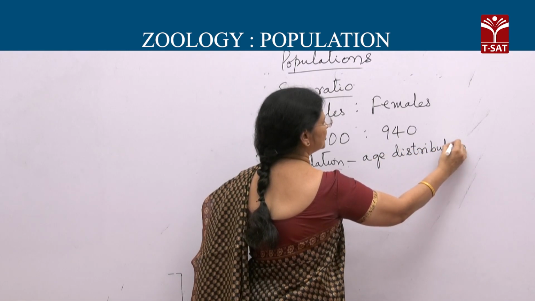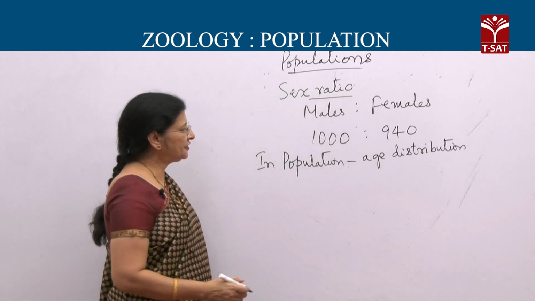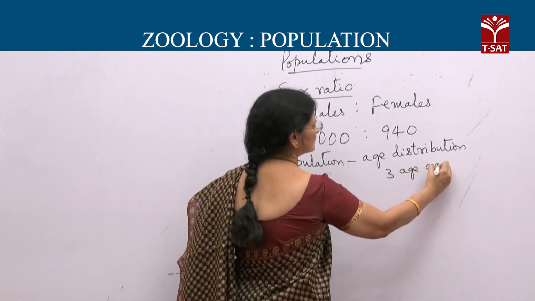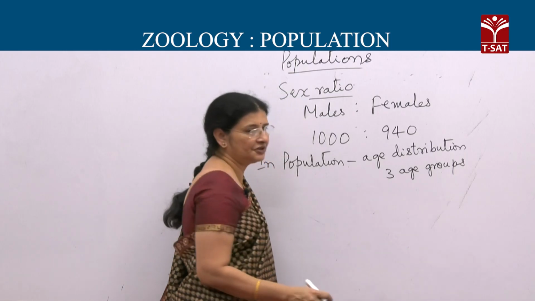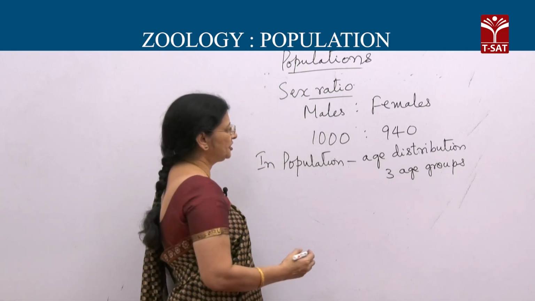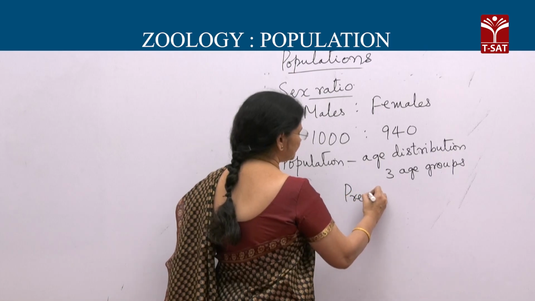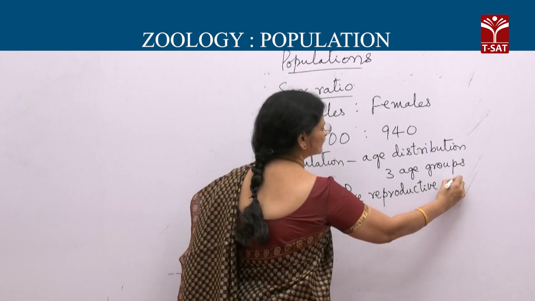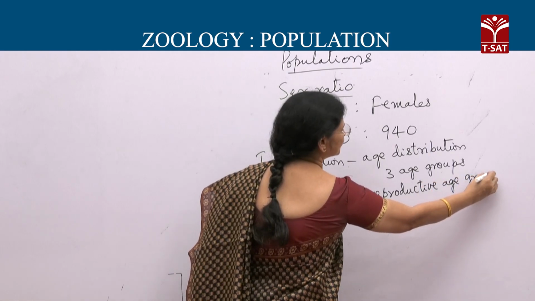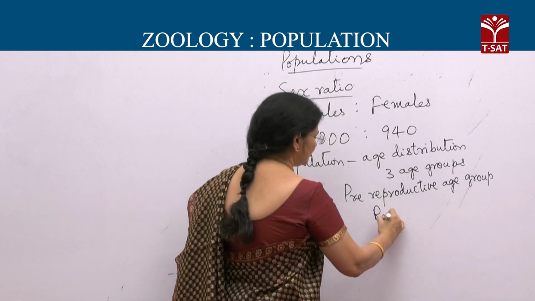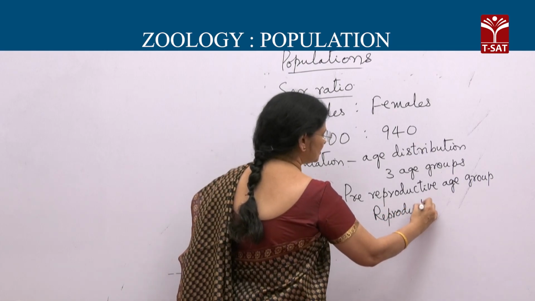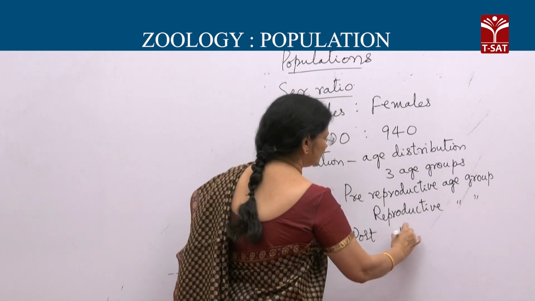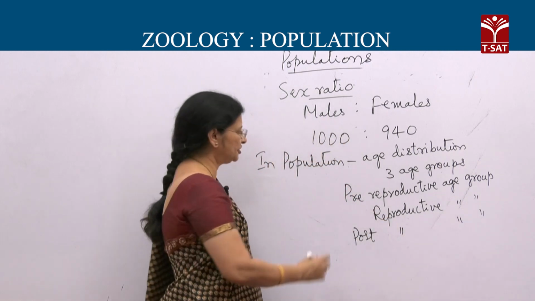In every population, we divide individuals into 3 age groups: the pre-reproductive age group, that is young individuals; the reproductive age group, mature individuals; and the post-reproductive age group, that is older individuals.